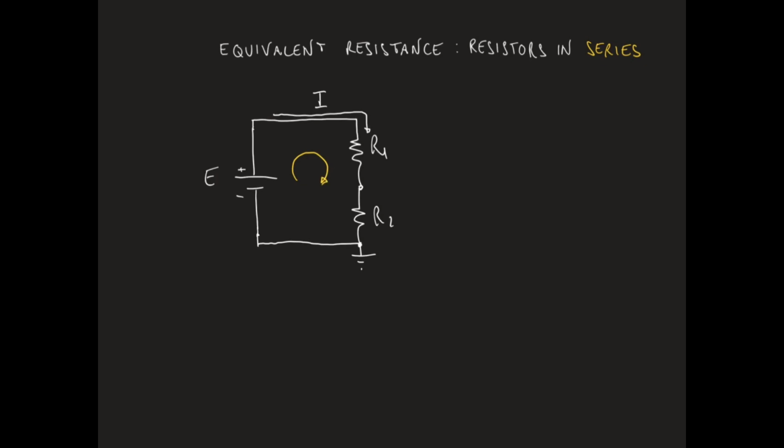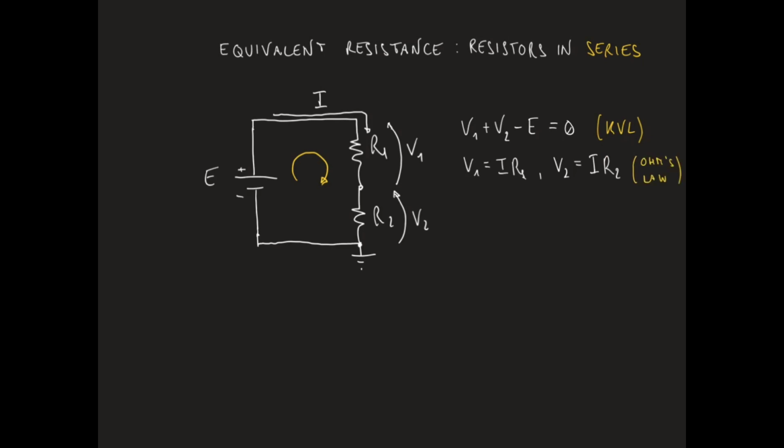Let us also define the voltages V1 and V2 across the resistors R1 and R2 respectively. According to Kirchhoff's law for voltages in this loop, we can write that V1 plus V2 minus E is equal to 0. On the other hand, according to Ohm's law, we can write that V1 is equal to I R1 and that V2 is equal to I R2.